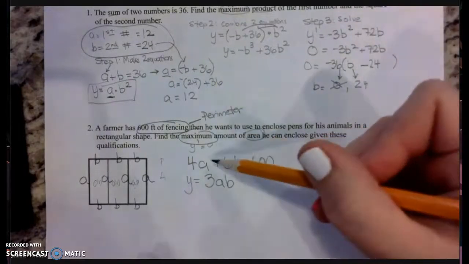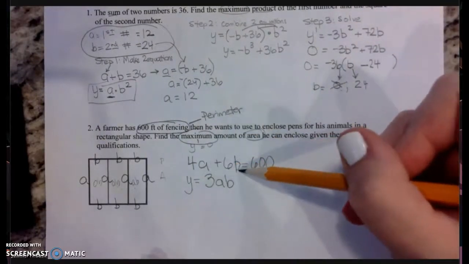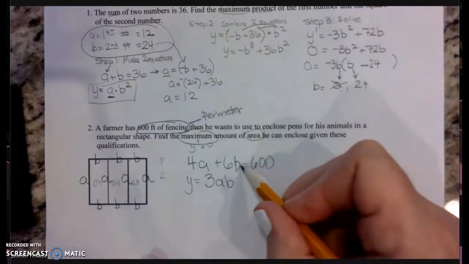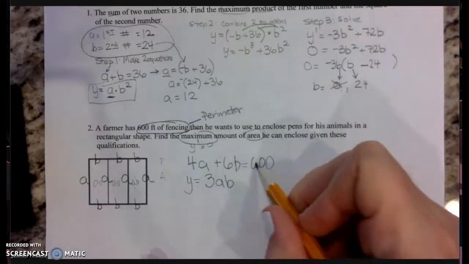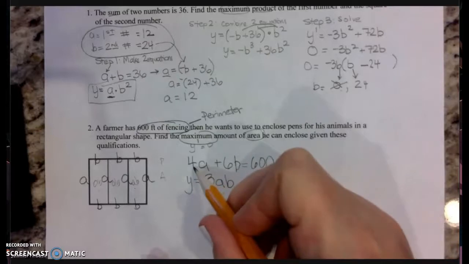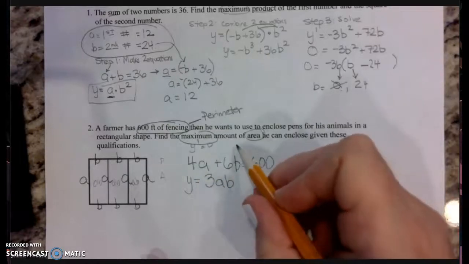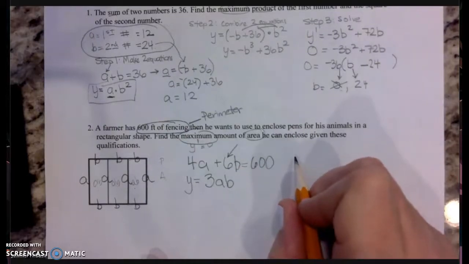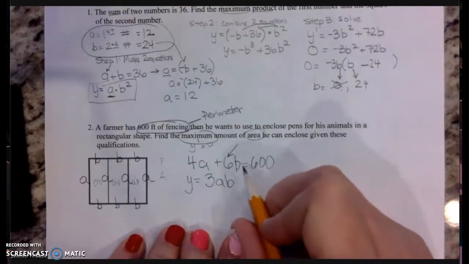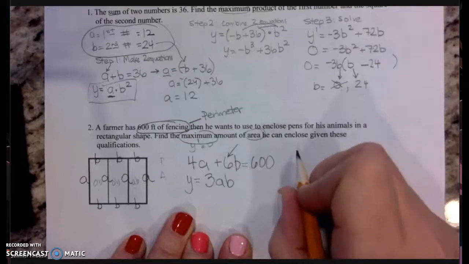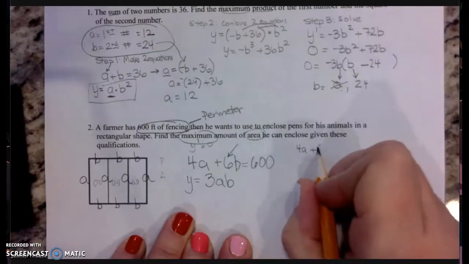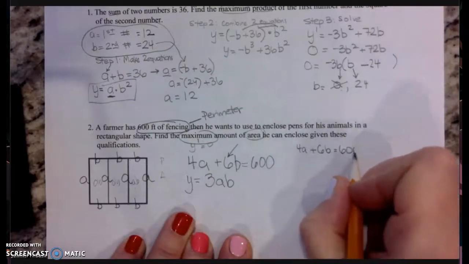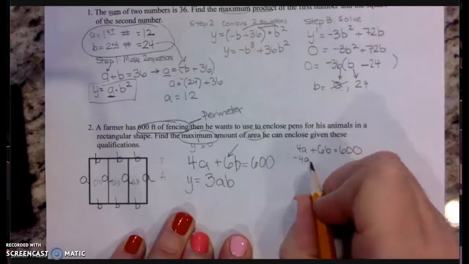Okay, so now you have to choose if you want to solve for A or solve for B. Naturally, I gravitated toward B because 600 divides nicely by 6. 4, I believe, goes into it, but I know 6 does, so I chose this one. So the first thing I'm going to do here is solve for B. So to do that, 4A plus 6B equals 600, I'm going to minus 4A from both sides.